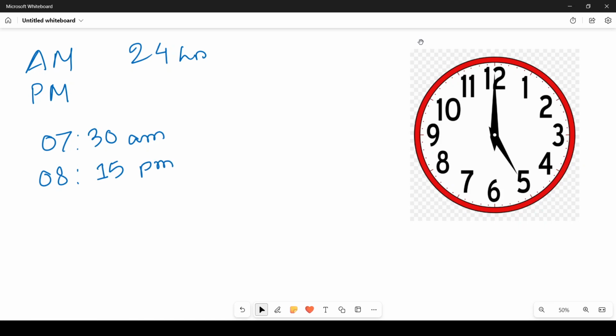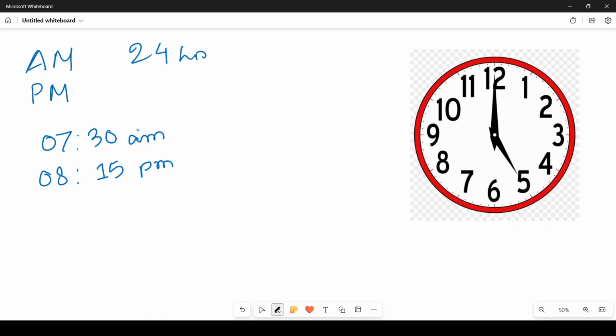So obviously we have two different times, morning and evening. It's not really like if we subtract 7 from 8, we'll just get 1 hour. Obviously it's not 1 hour, it's more than 1 hour, it's nearly 12 and a half hours, right? So we need to convert this into 24-hour format first.